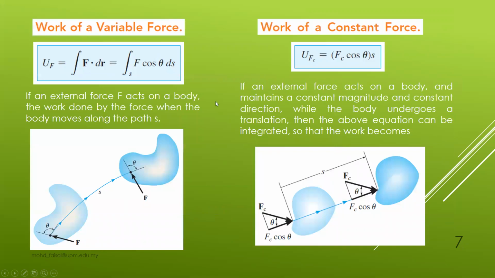First one, work of a variable force. If an external force F, this F here, acts on a body, the work is done by the force when the body moves along the path S. This is the F, and this is the path S, denoted like this, and theta here is this one.